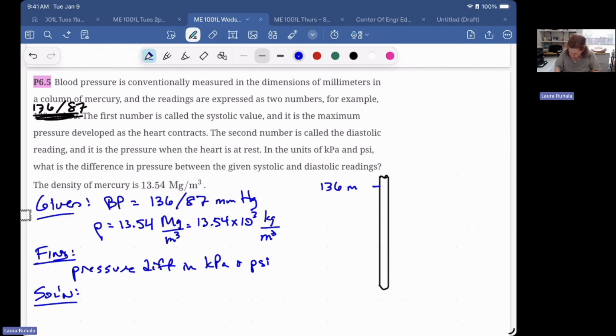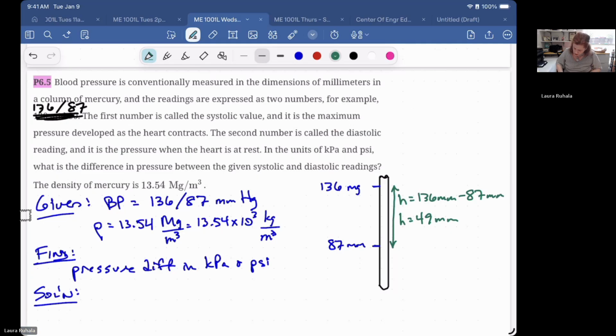So it's going from 136 down to, not to scale, 87 millimeters. Okay, so I care about this height difference. So the height that it goes from between the bottom and the top is 136 minus 87. So the height is 49.